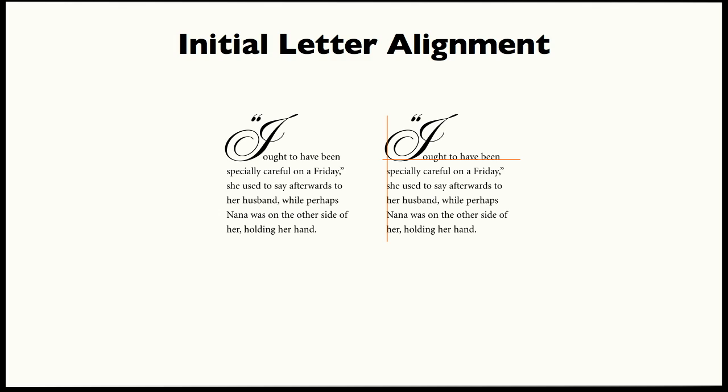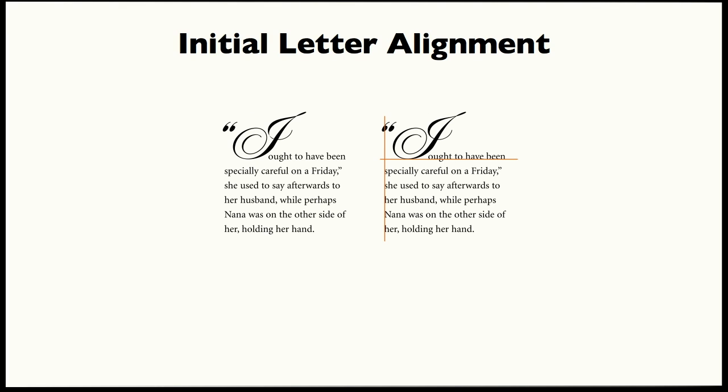Now, a number of things changed here. Yes, I did drop the I down below the baseline. So if you don't want to see it with the annoyance of the red, you can look on the left. But if you notice, I also changed the quotes. Not only did I move them, but I reduced them, okay? So in this particular typeface, the quotes are positioned to fit nicely around lowercase.